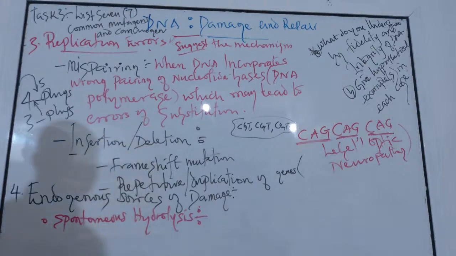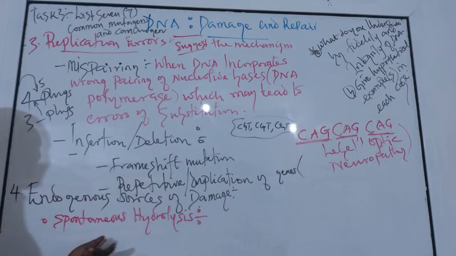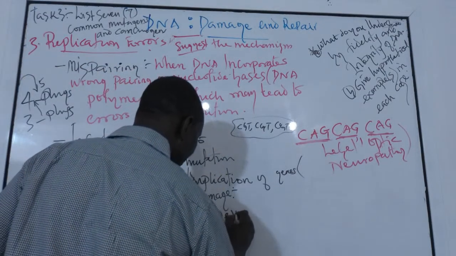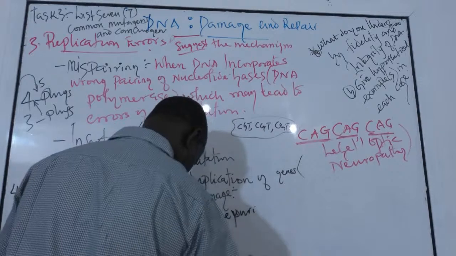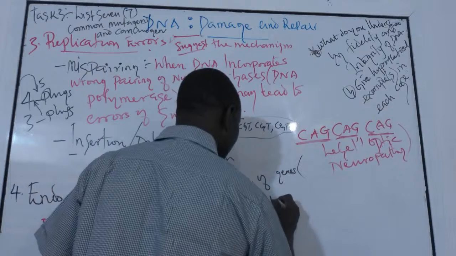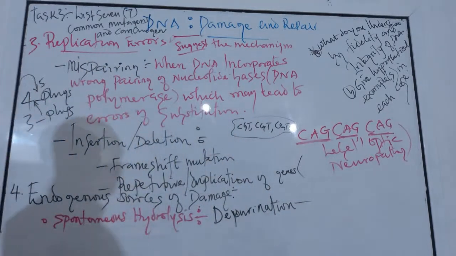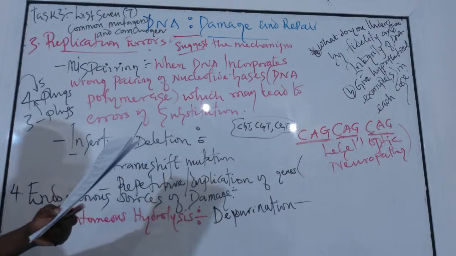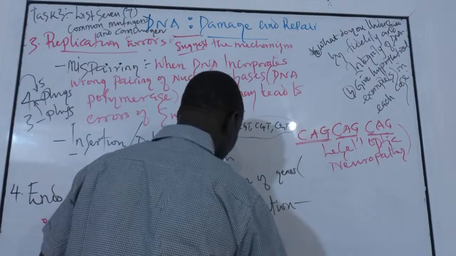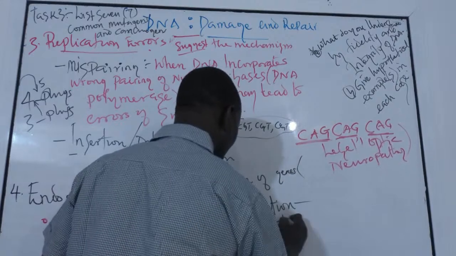Under normal circumstances, you should know that the effect of water on DNA will cause what is called depurination, that is removal of purine. Or it can also lead to what is called deamination, that is removal of amine groups.